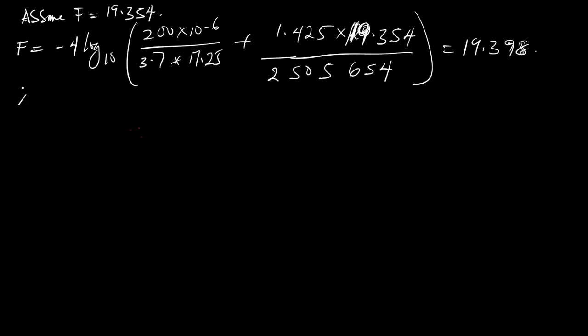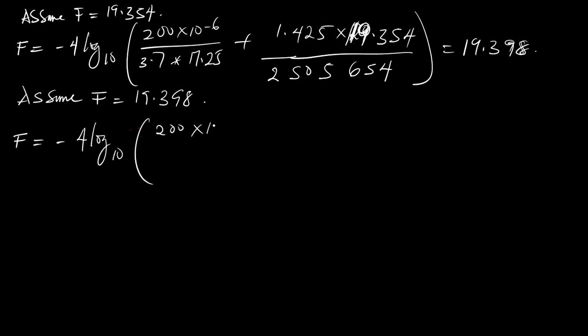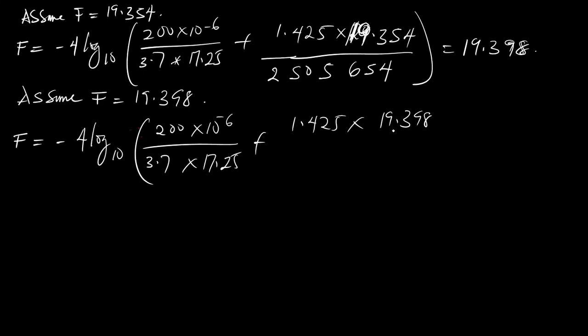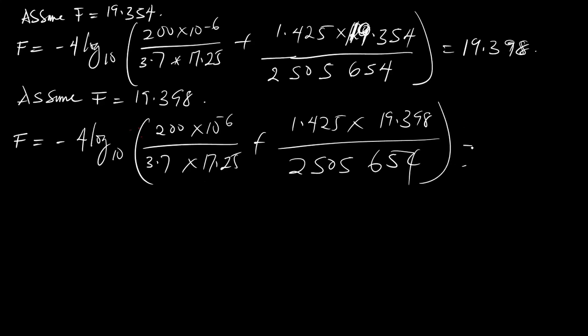Now let's assume F now is 19.398. So F will now be minus 4 log to base 10, 200 times 10 raised to power minus 6 divided by 3.7 divided by 17.25 plus 1.425 times 19.398 divided by 2505654.